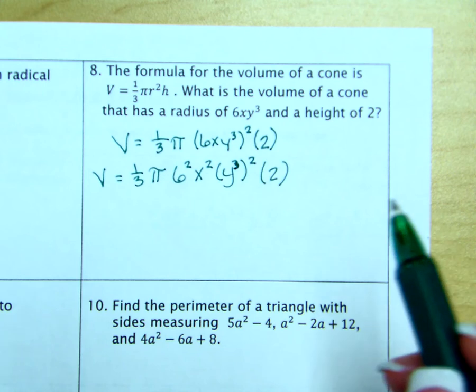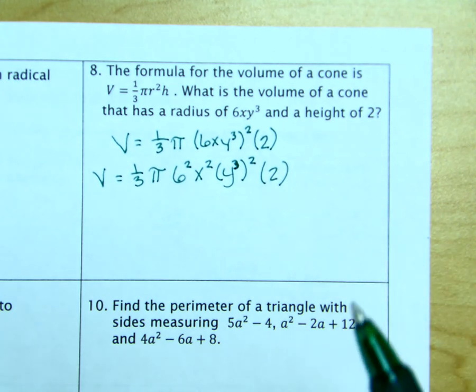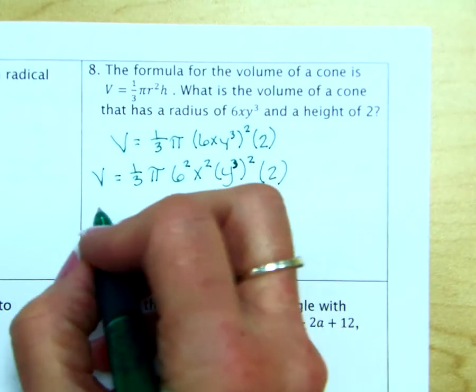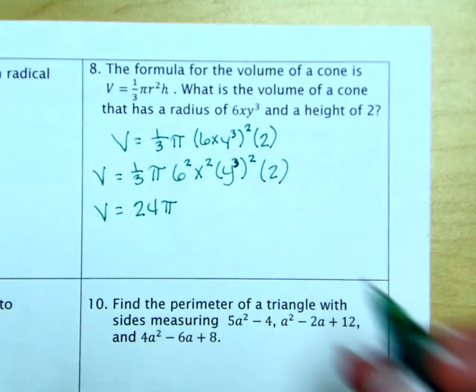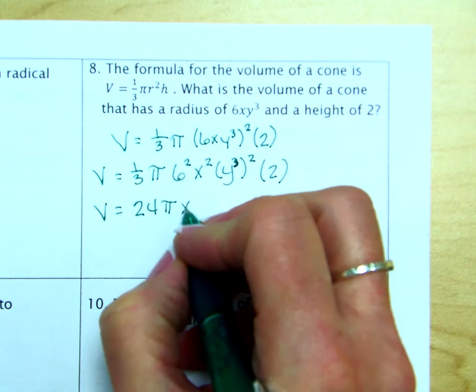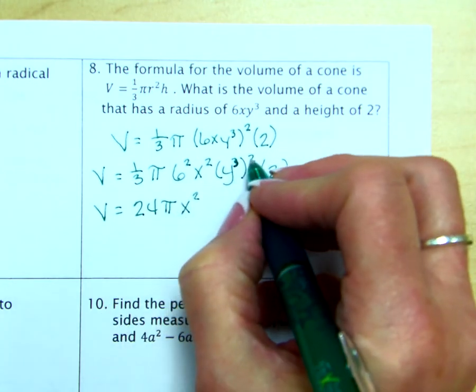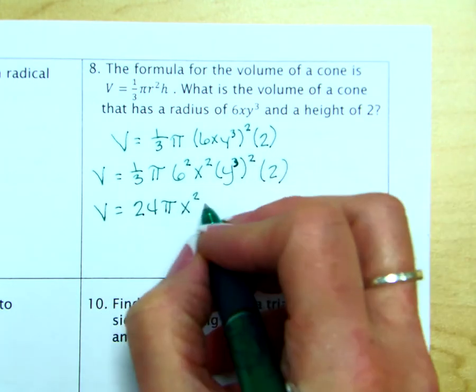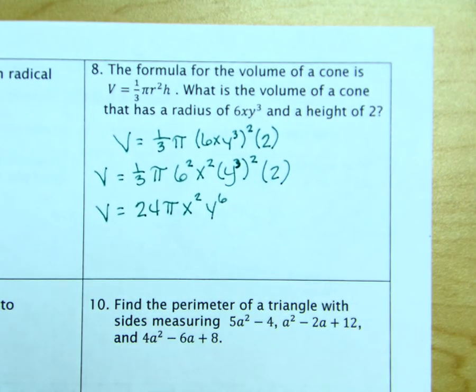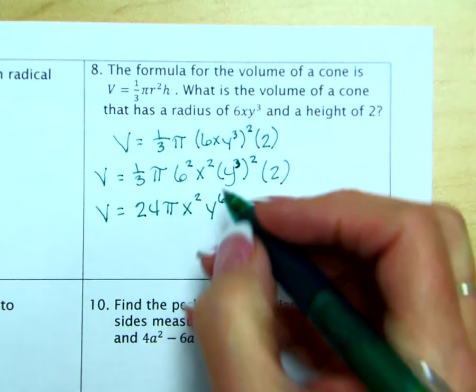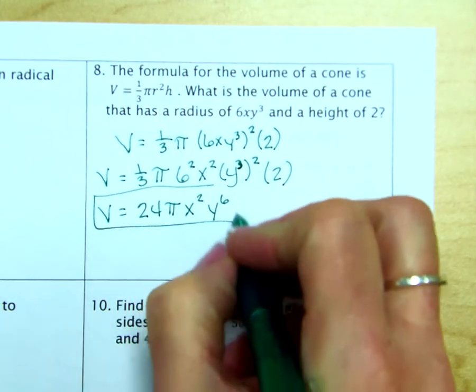If you put that in your calculator to just do that very quickly, we're going to end up with 24 pi. Then we have x to the second power, and then 3 times 2, because we have power to a power here, gives us an exponent of 6 for the y. So we end up with 24 pi x squared y to the 6th.